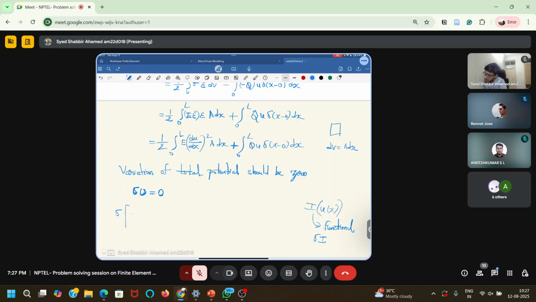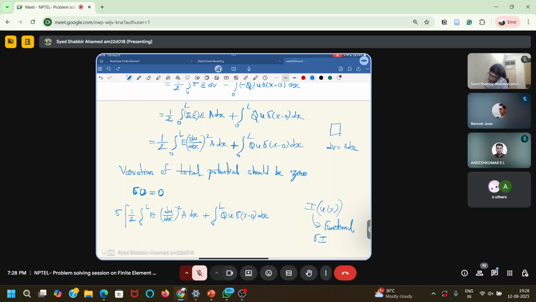So the variation of the integral from 0 to L of E A into (du/dx) whole square dx, plus the integral from 0 to L of q into delta x minus 0 dx.